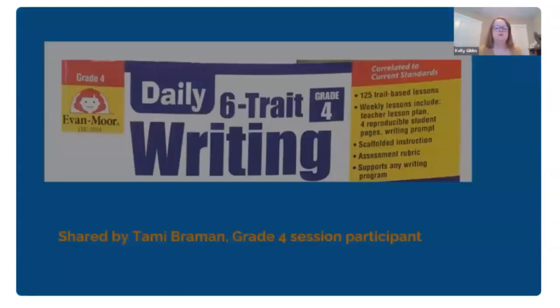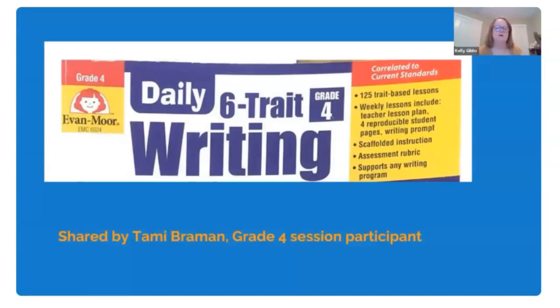This was shared by a grade 4 participant, and I thought I might as well share it with you as well, because there are different grade levels that can be purchased, keeping in mind that this is an American publication, Daily 6 Trait Writing. There was a lot of focus on the structure of sentences, especially. That was the big focus for the teacher that shared this.